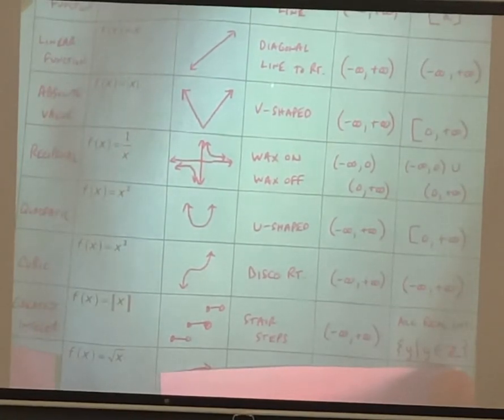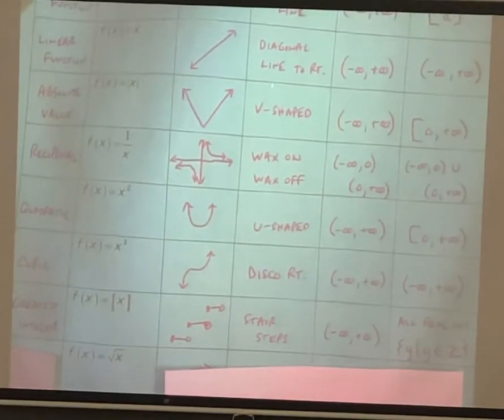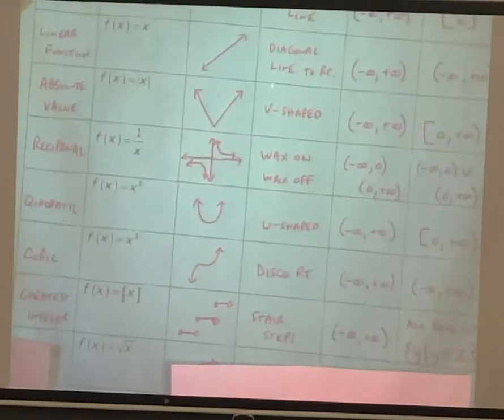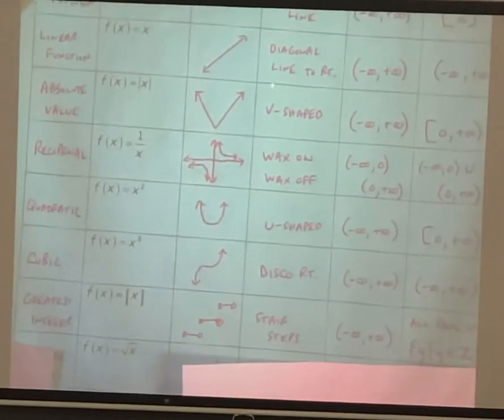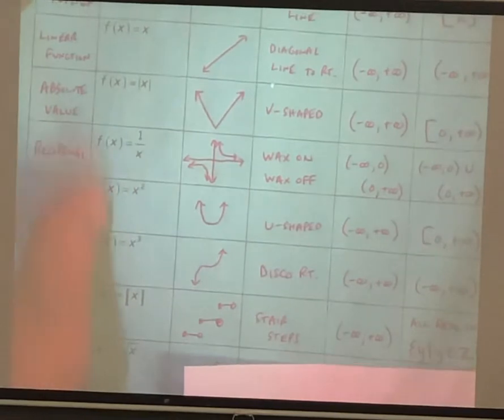It's a Z with a double line, a diagonal line going down. That's kind of hard to see, so I wrote that there.